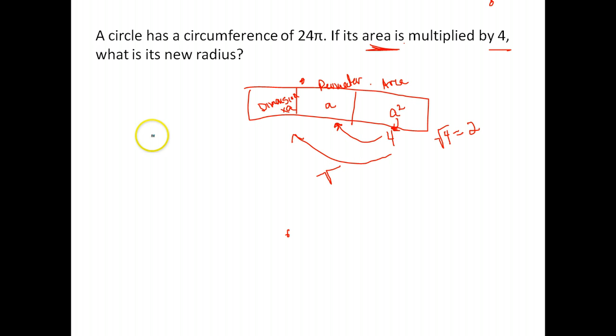So what would the new radius be? Well, we can try this out. The circumference is 24 pi. That means our diameter is 24 because circumference can be written pi times the diameter. Okay, that means our radius was 12.